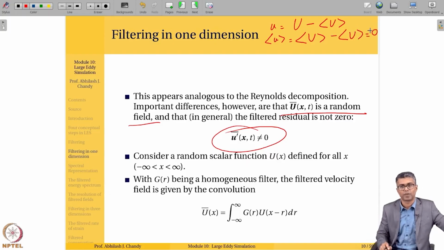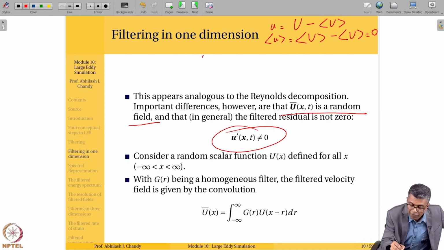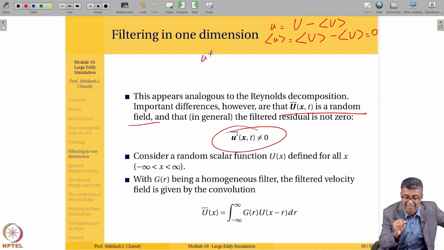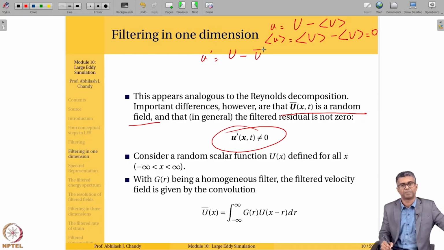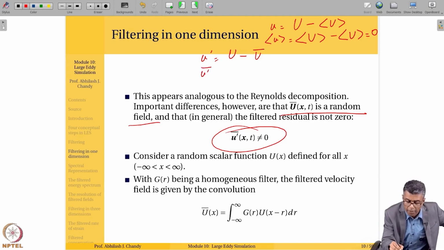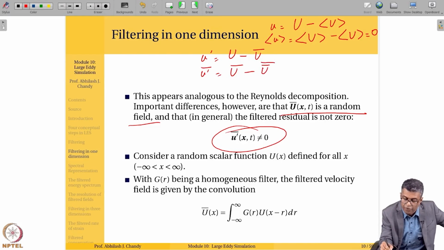This is for Reynolds decomposition. On the other hand, my residual is U minus U filtered. Now, if I do a filtering operation, U prime filtered is U filtered minus U filtered filtered.